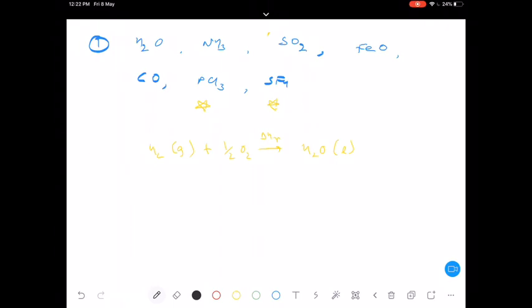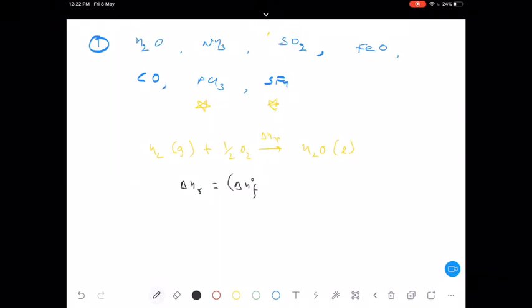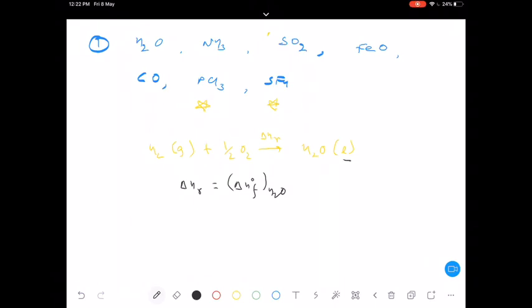That heat of reaction will not be equal to standard heat of formation. So HR I can write as standard heat of formation of water. As it is in liquid state, standard state, 1 mole of water is being formed from the elements which are also present in their respective standard state. Is that clear? Any confusion, any doubt? Correct. Similarly we can write for NH3, CO2, FeO like that.